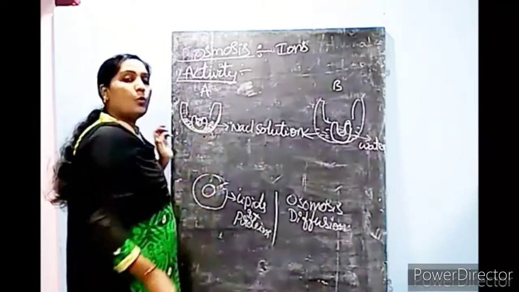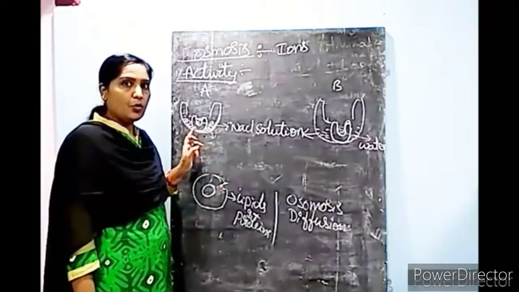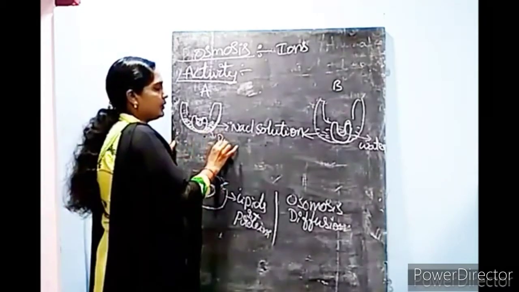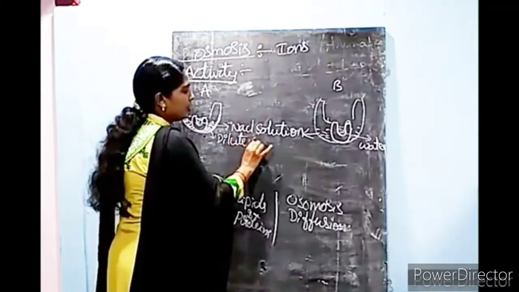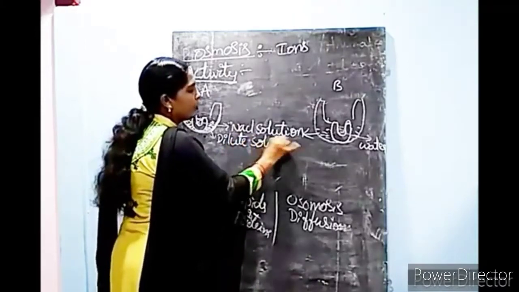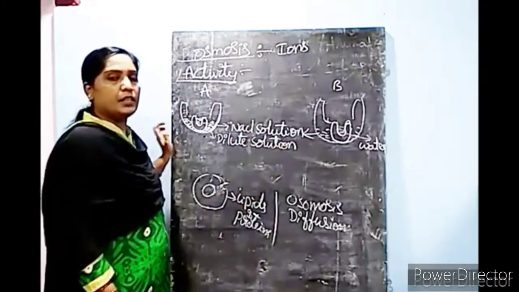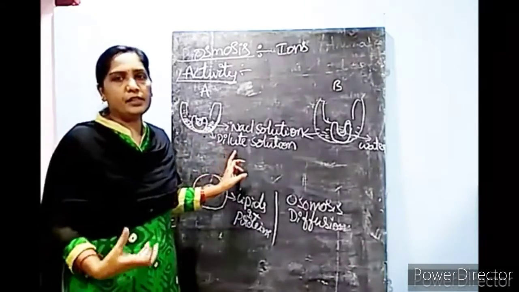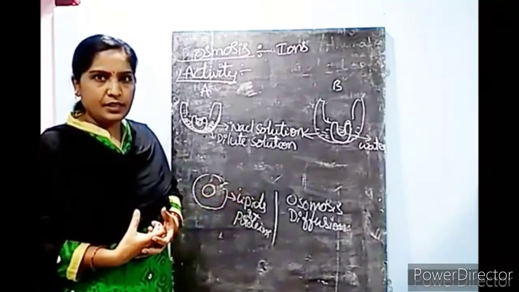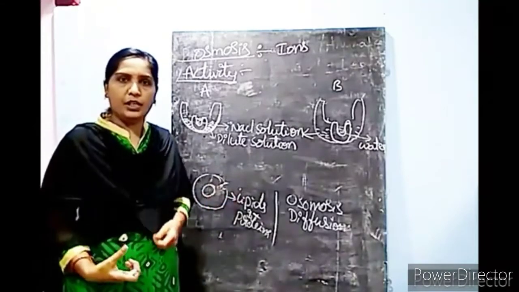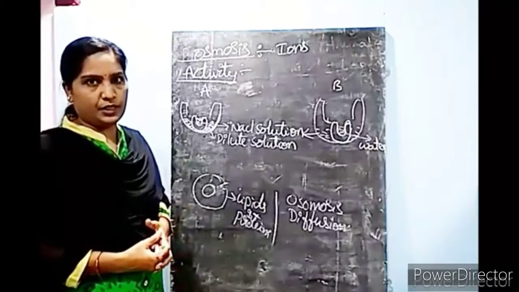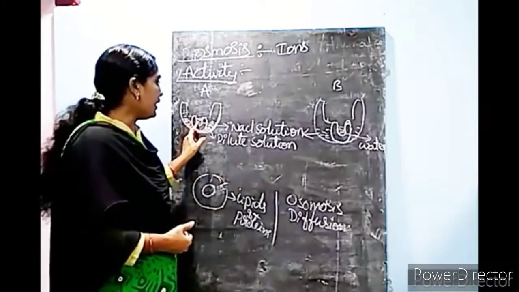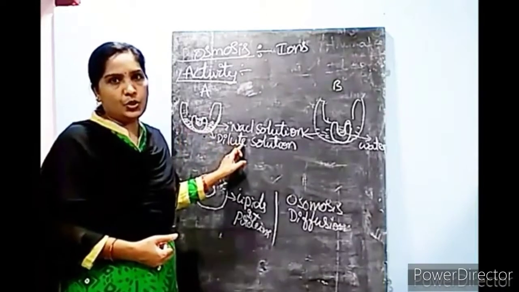That means there are more water molecules outside the potato dish. This is also known as dilute solution, because wherever there is more water, that's known as dilute solution. Even when you are doing practicals in the lab, a concentrated solution can be made dilute by adding some water to it, right? So here we have taken a dilute solution inside, the NaCl solution.